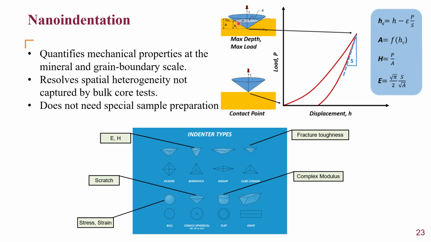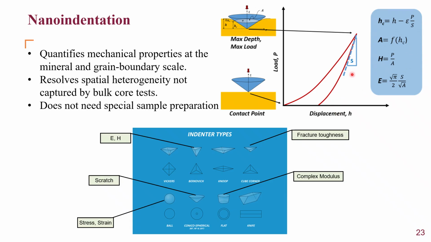Depending on the depth of the dent, the applied force, and how much of the damage is recovered after the indenter is removed or the load is relieved, you get a load versus displacement curve. From this curve, you can calculate so many things.